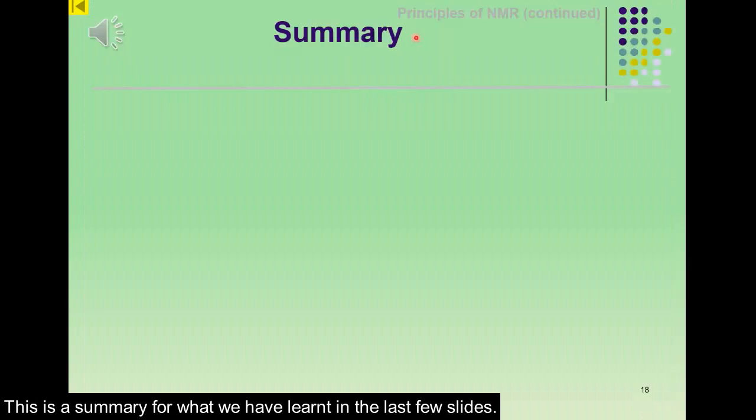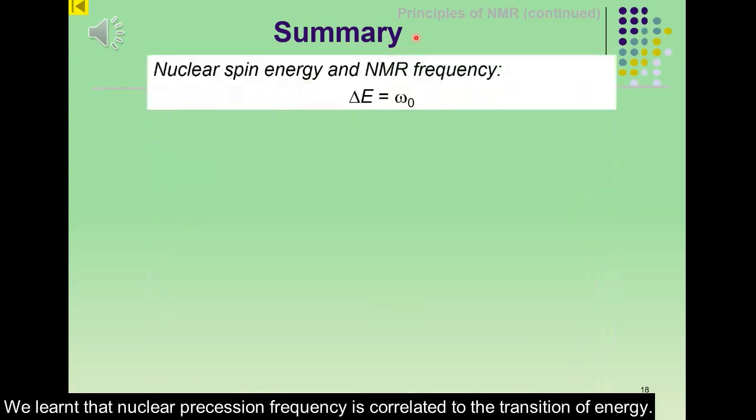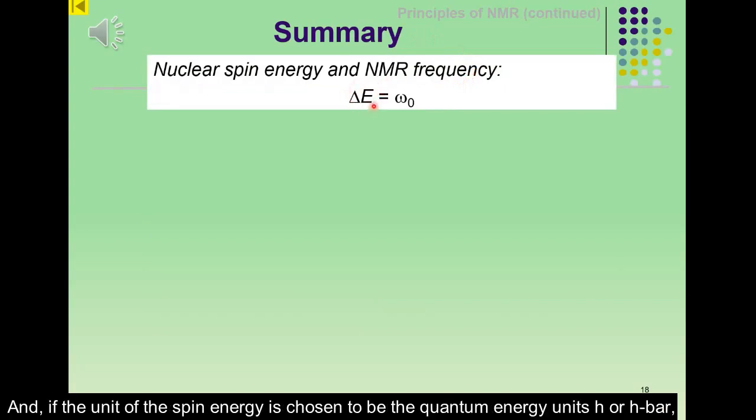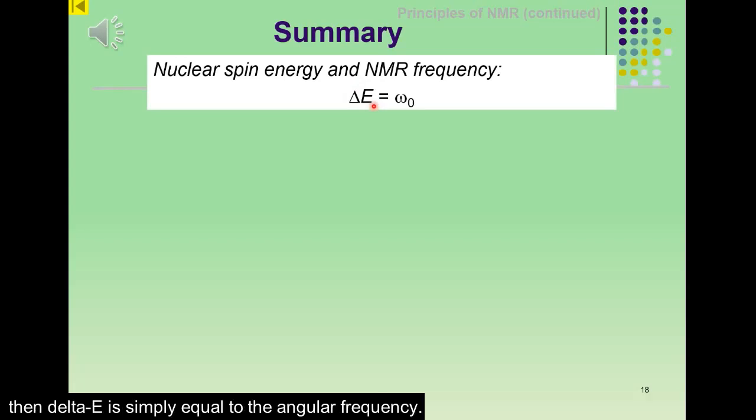This is a summary of what we have learned in the last few slides. We learned that nuclear precession frequency is correlated to the transition of energy. And if the unit of the spin energy is chosen to be quantum energy unit h or h bar, then delta E is simply equal to the angular frequency.